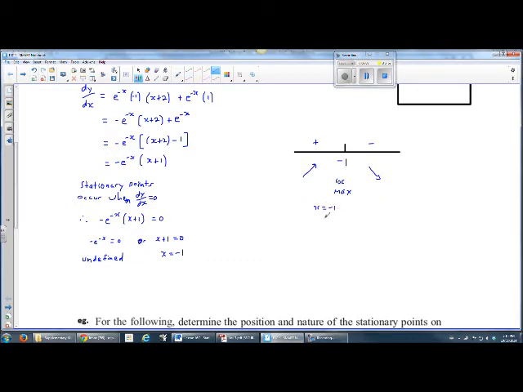If we substitute negative 1 into the original equation of the function, we get e multiplied by 1, which is just e. Therefore, we have a local maximum at the point negative 1, e. Again, I apologize for my messy writing, but we'll see if we can clean that up for the next example.